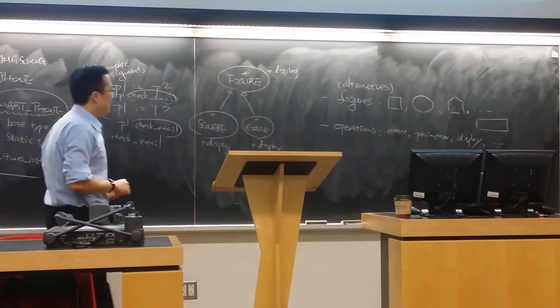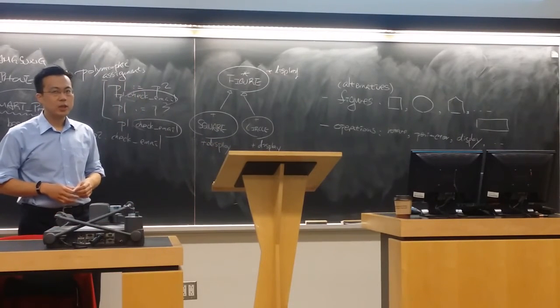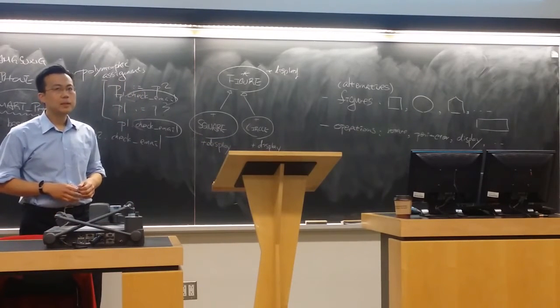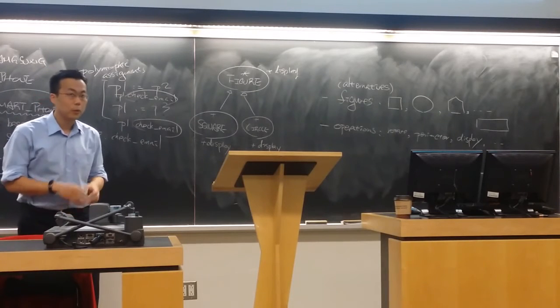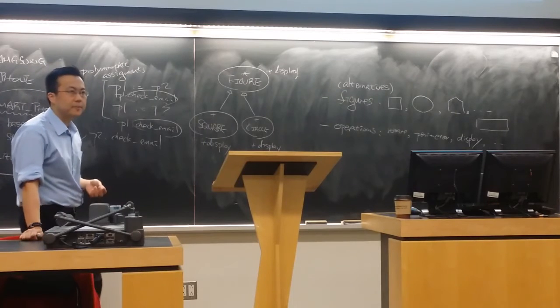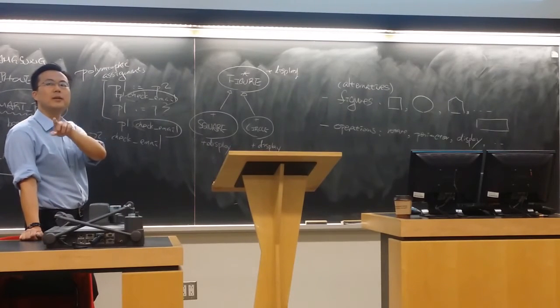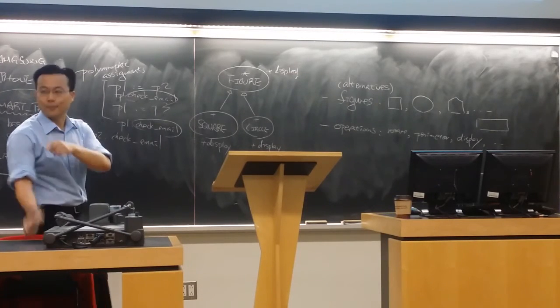Let's say if you're going to add a new shape, how is that going to change? Is it going to affect a single module or a single class, or is it going to affect multiple classes? Oh, I heard some single there somewhere. Yes. Why?